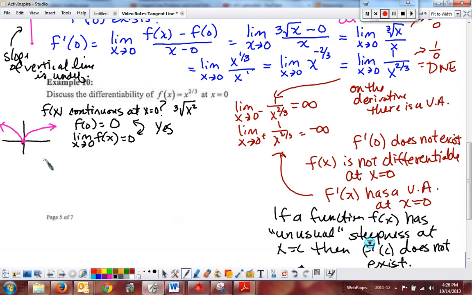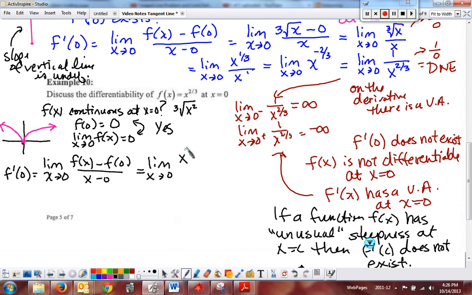What happens on this? If I actually do the limit definition for f prime of 0, using the alternate form of f of x minus f of 0 over x minus 0, this will be the limit as x goes to 0 of x to the 2/3 minus 0 over x. I'm going to do the same thing I did in the previous one. I'm going to subtract. I'm going to do the limit as x goes to 0. This ends up being 1 over x to the 1/3.